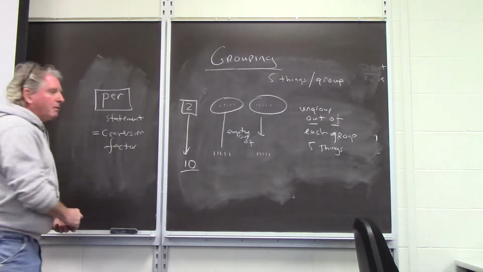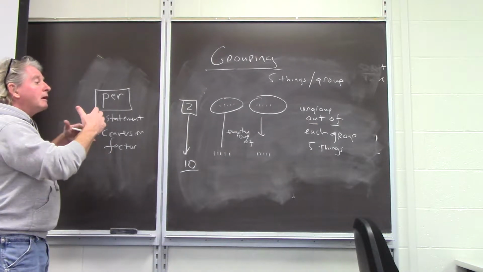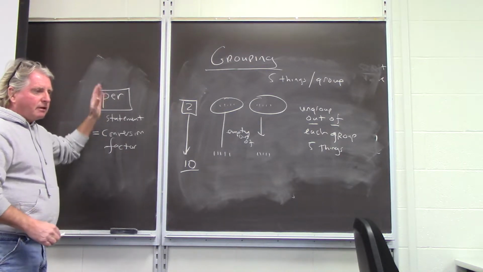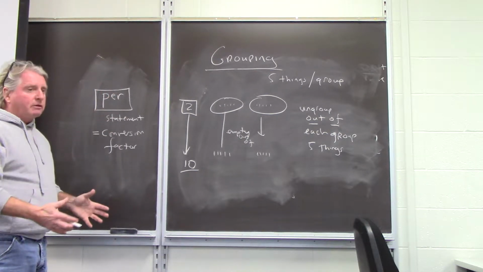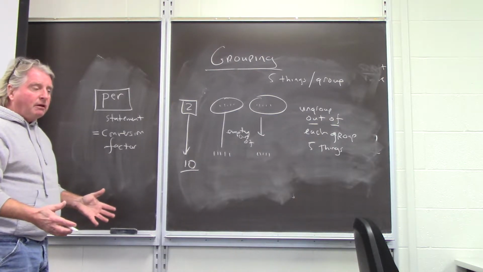So this grouping method is another way of doing conversions. The beauty of this system is that it makes some sort of connection with conception, and you'll see with math and words.